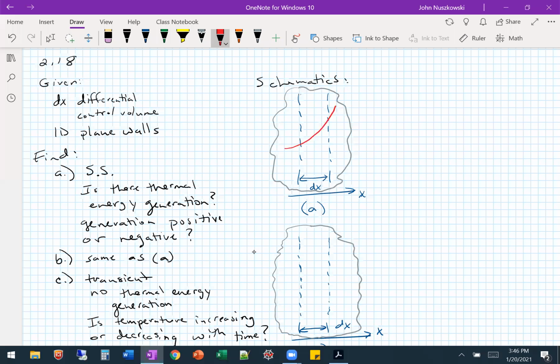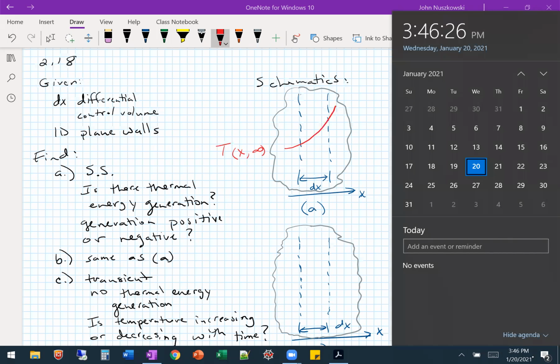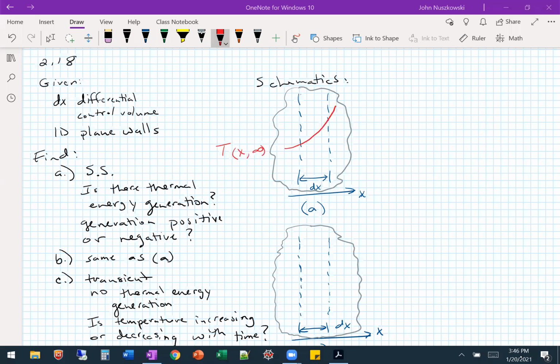So we have our temperature distribution for part A. Part B, nailed it. All right. We have another one.